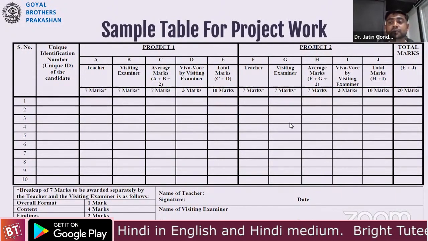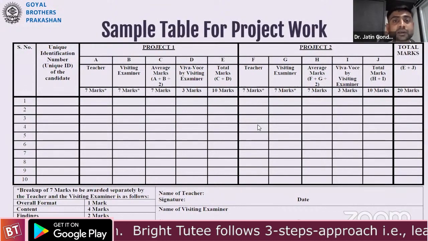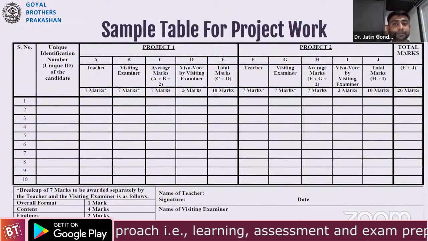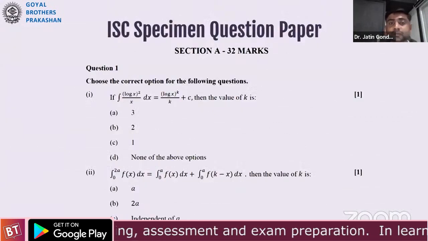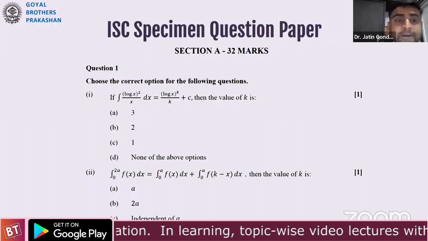The same for project 2. This is a sample table for project work, which you can use during the project viva. Now, the ISC specimen question paper published by the Council.